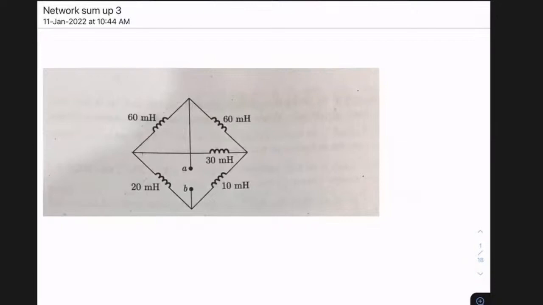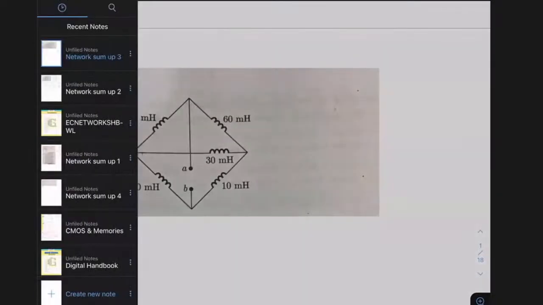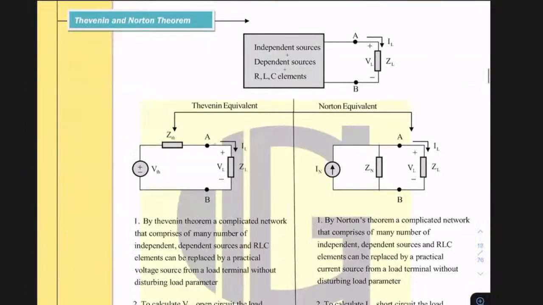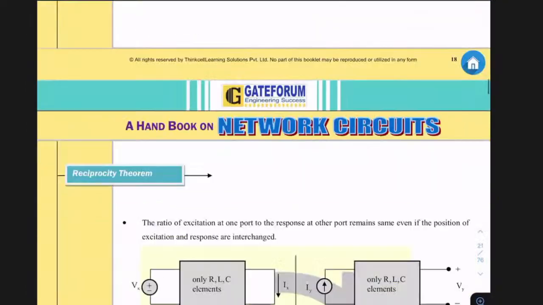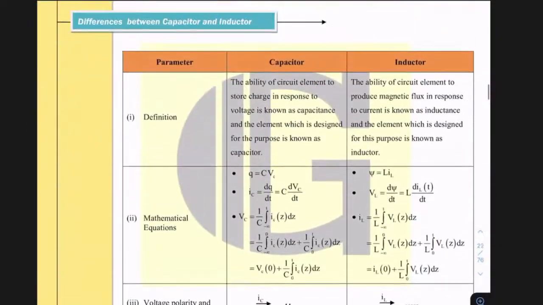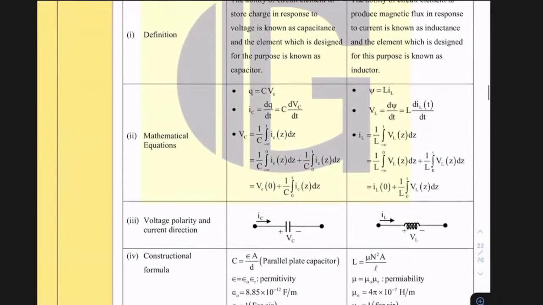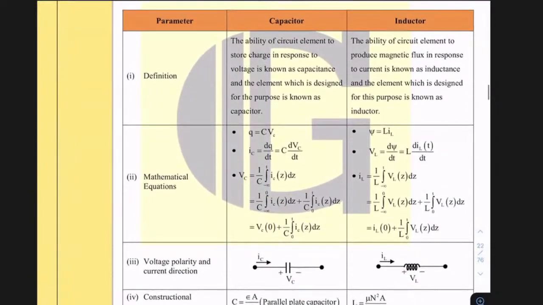Having said that, let's go into the next topic, which is basically inductors and capacitors. What is important for you to know here? Let me quickly brief it, and then we'll go into the question sections.